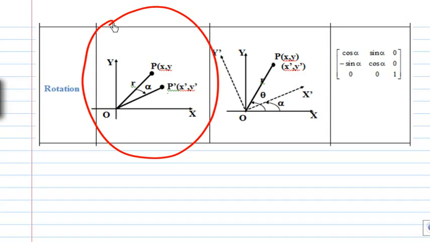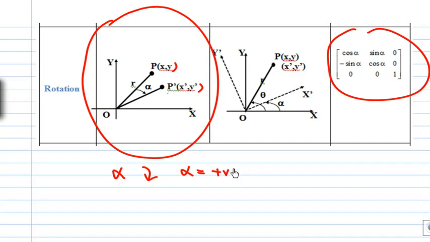If an object from xy rotates clockwise by angle alpha to a point P prime, giving you x prime, y prime, then the matrix of rotation is this. Notice that this alpha can be positive or negative. Now that means that if the rotation is clockwise, alpha is positive. If the rotation is anti-clockwise, then alpha is minus.